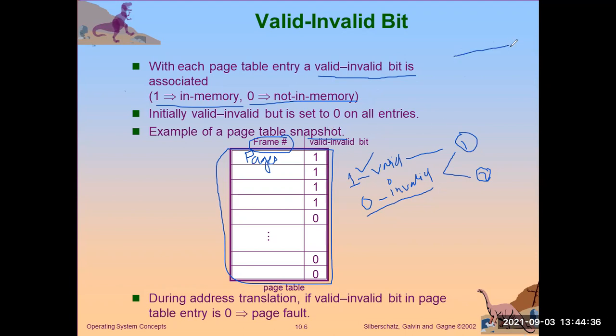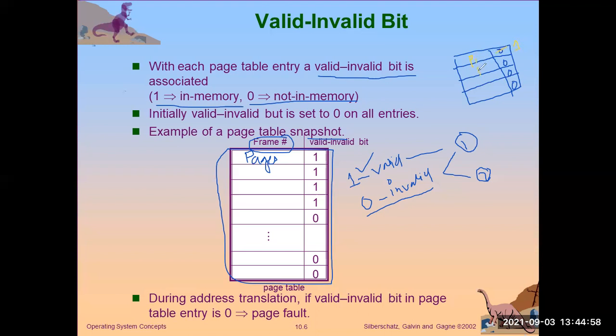So initially what happens? Now when you start, there are no pages. The page table is empty. Now if the page table is empty, what will happen? All the bits are 0 here. Now as we bring the pages here, suppose I bring page 1. So I will set this to 1.